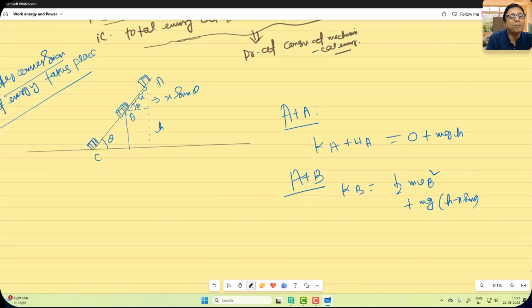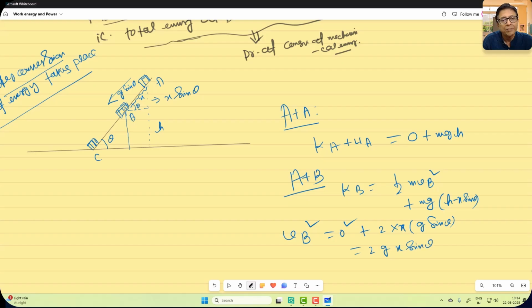But how to get half m v square? Along this direction, the force is due to gravity, acceleration g sin theta. Now v square is what? 0 square plus 2 into x into acceleration. So 2g x sin theta.